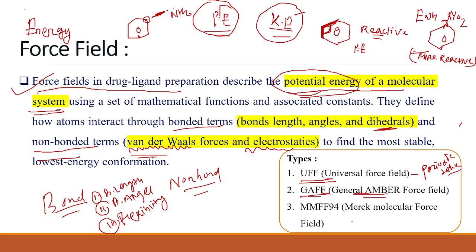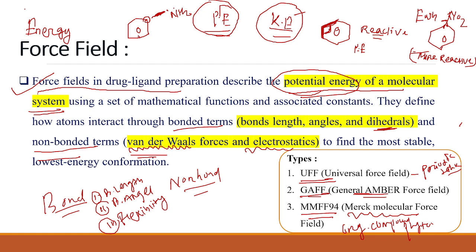It is applied to the protein molecule. Then the third one, MMFF94, the Merck molecular force field. It is applied to organic compounds and phytocompounds. So if I have any phytoconstituents, the Merck molecular force field is applied.